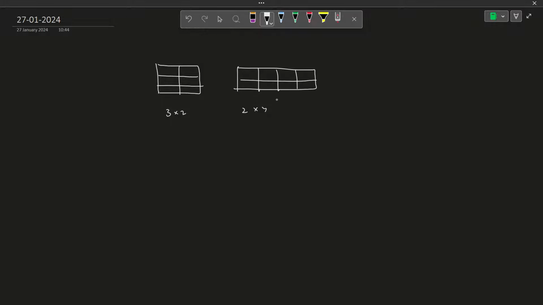So the very first rule that we have is, let's say this is R1 C1, this is R2 C2, that C1 should be equal to R2, right? If this is not equal, then the multiplication is not possible. So basically, these two things should be equal, right?